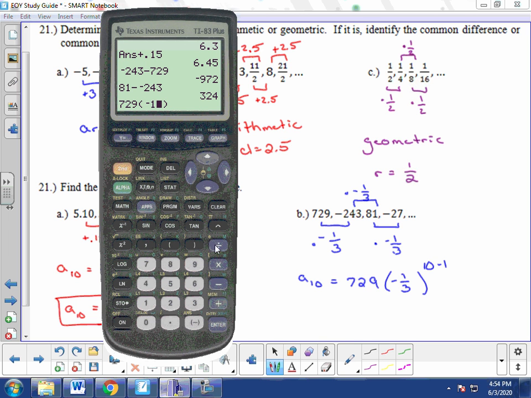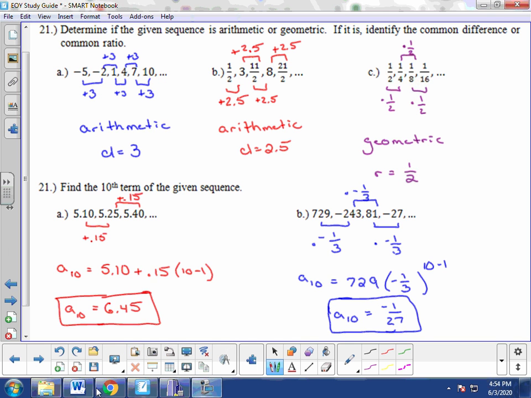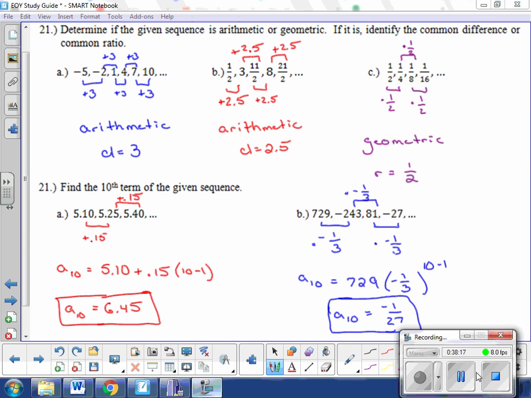It's going to make a difference, to the 9th power. And we should get this decimal approximation. Let's go ahead and put this into a fraction, and that fraction would be -1 over 27. So the 10th term here for b is going to be -1 over 27. So it's important to determine whether it's geometric or arithmetic first before trying to figure out what the term is.